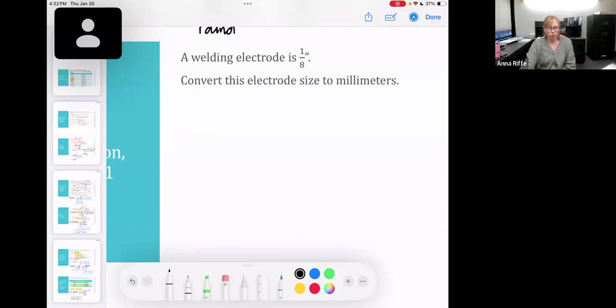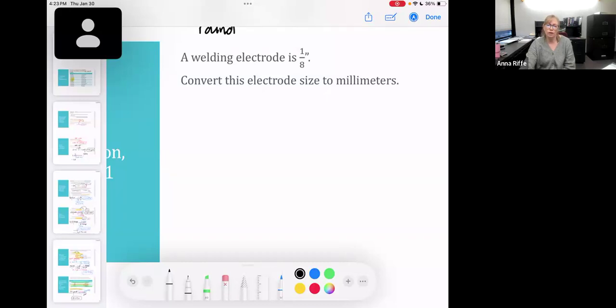A welding electrode is 1/8 of an inch. This is a pretty straightforward conversion problem. We want to convert this electrode to millimeters. One thing that I am going to do to begin this, though, is I'm going to make this a little bit easier on myself.